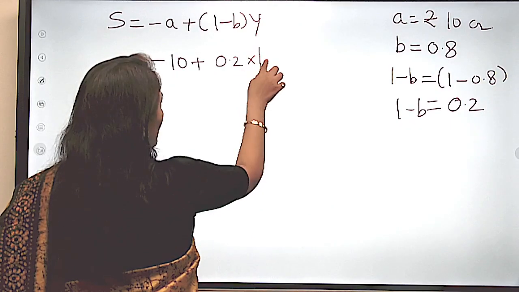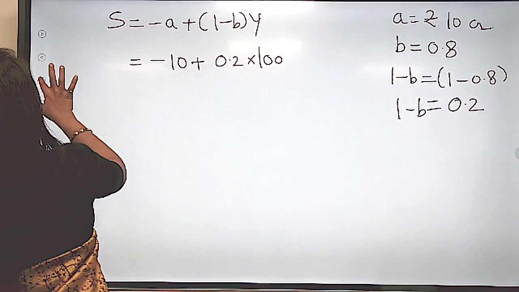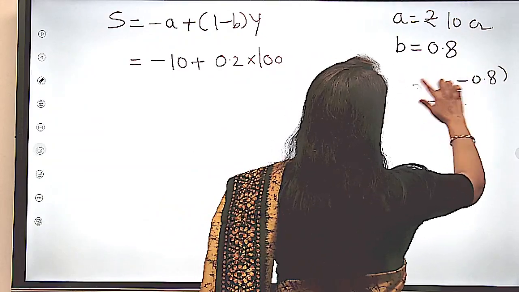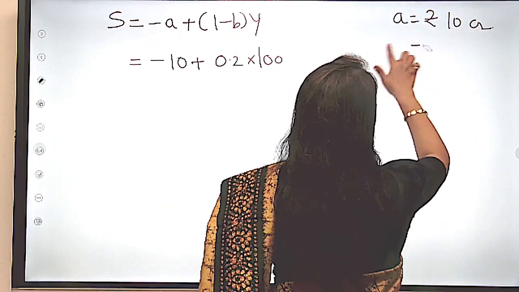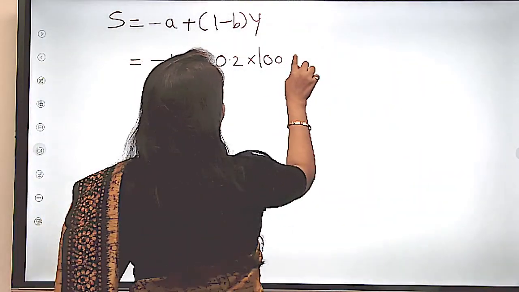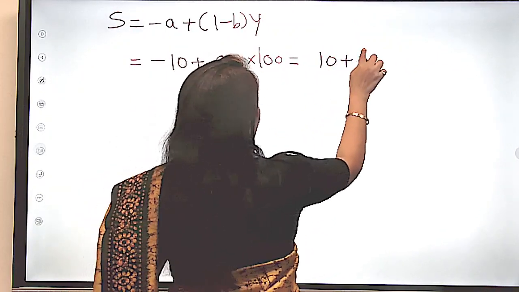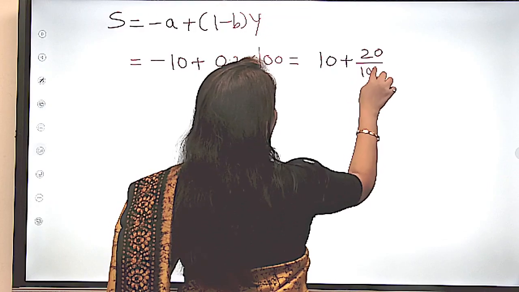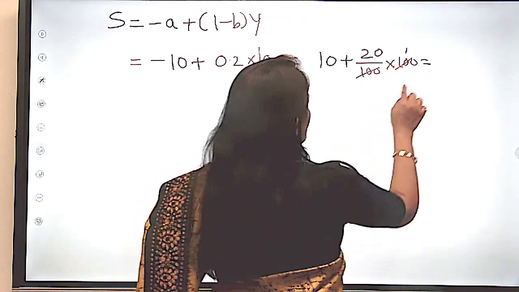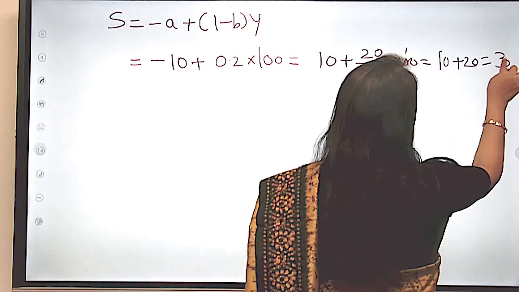So this is multiplied with 100 crore income. You get the answer 10 plus 20 upon 100 into 100. 100 ones are 100. So this is 10 plus 20, which is equal to 30.